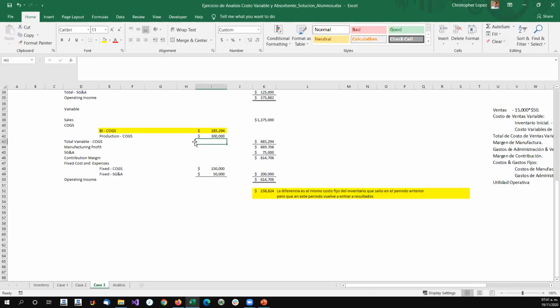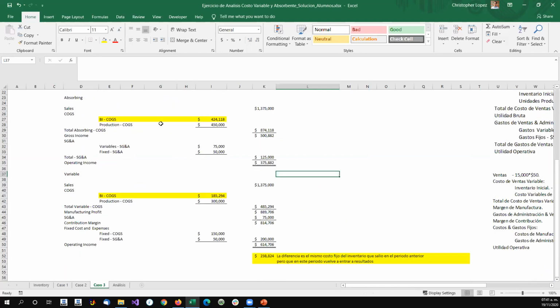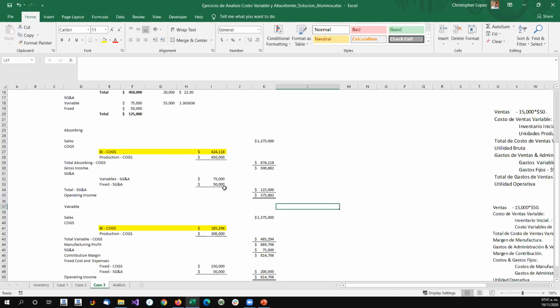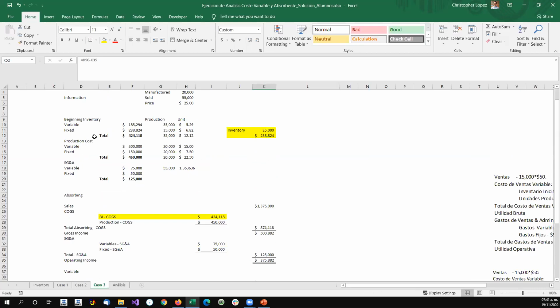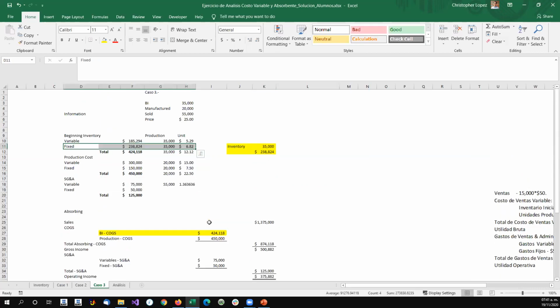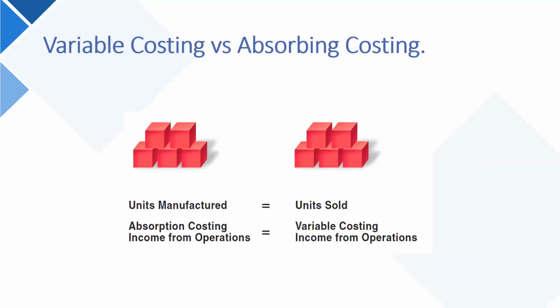I was just checking to see if I had the right answer. And as you can see, we have the same numbers. And the important thing here is that you actually check that the difference between the two methods is the same as the fixed cost in the beginning inventory. So that's the answer.